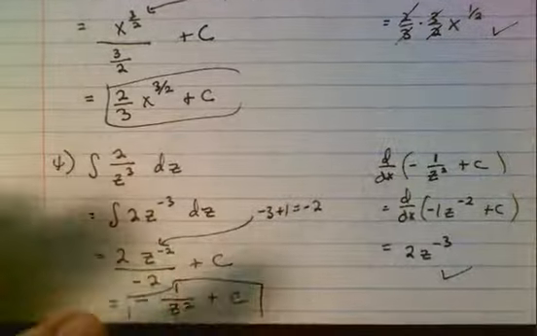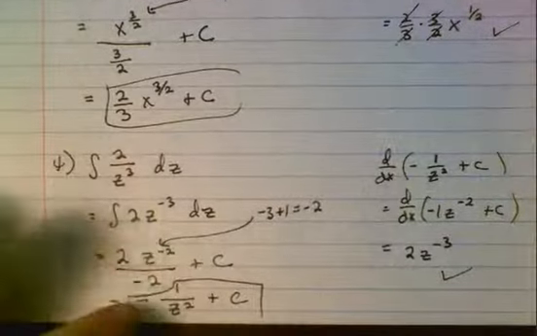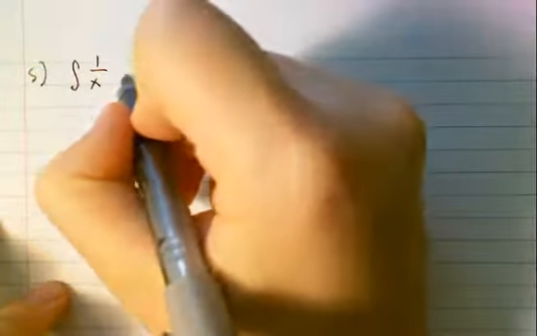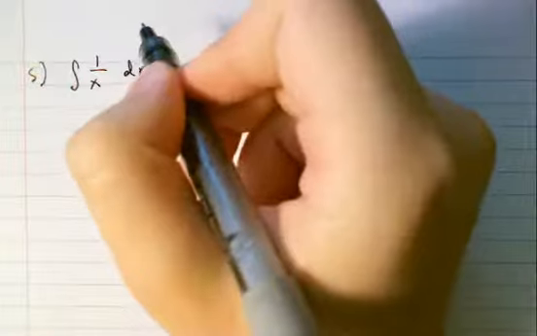I want to show you one exception to this power rule where we're working with negative exponents, and it's a very, very important exception. So let's take a problem like this. We're going to do the antiderivative of 1 over x dx. And so let's try to do what would make sense.